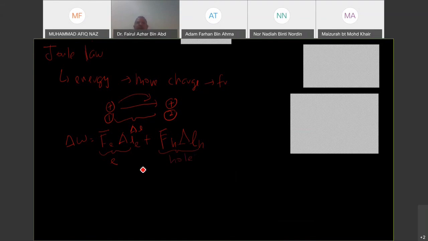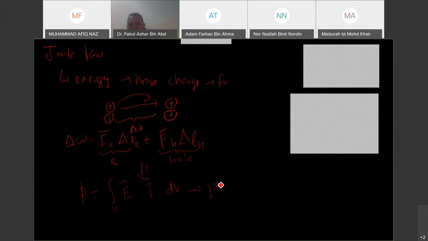In the end, from this equation, if you refer to the derivation, we will have the power equation. P is equal to the integration of vector E dot vector J dV. This is the equation that reflects our Joule's law.